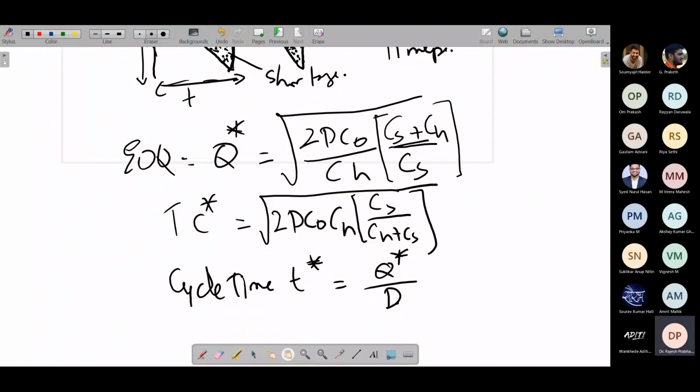Because of unevenness of demand, the shortages are there. If you know the constant demand rate, where will be the chance of shortage? Got the point? Yes, sir. So basically, the shortages happen because the demand is inconsistent.